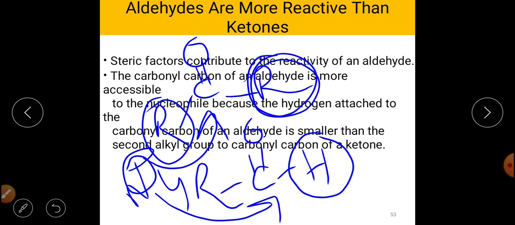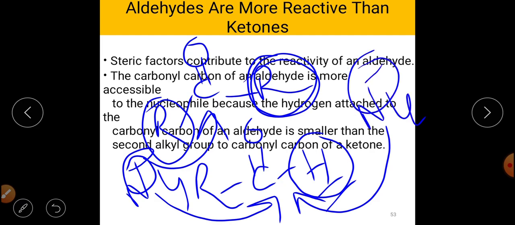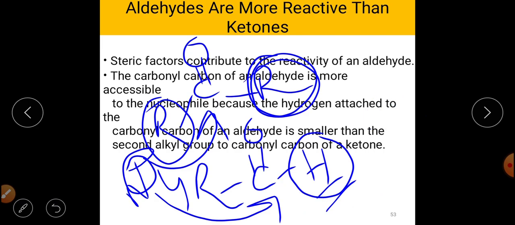Now we can see that these two R groups are sterically crowding this particular carbonyl carbon to be attacked by the nucleophile. But in case of aldehyde, as we know that at one side R group is there, and at one side hydrogen is here, so this side is free, and steric crowding in this case is very less. So nucleophile will attack on the carbonyl carbon from this side. So steric crowding in case of aldehyde is very very less as comparison to ketone.